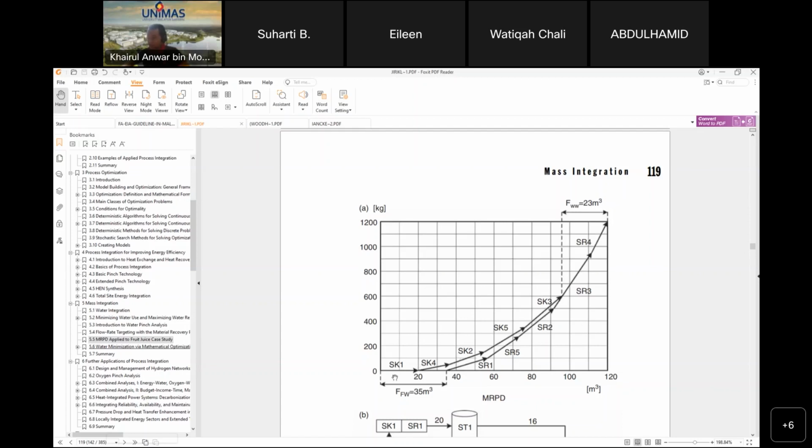Not necessarily SK2. SK2 will be after SK1.